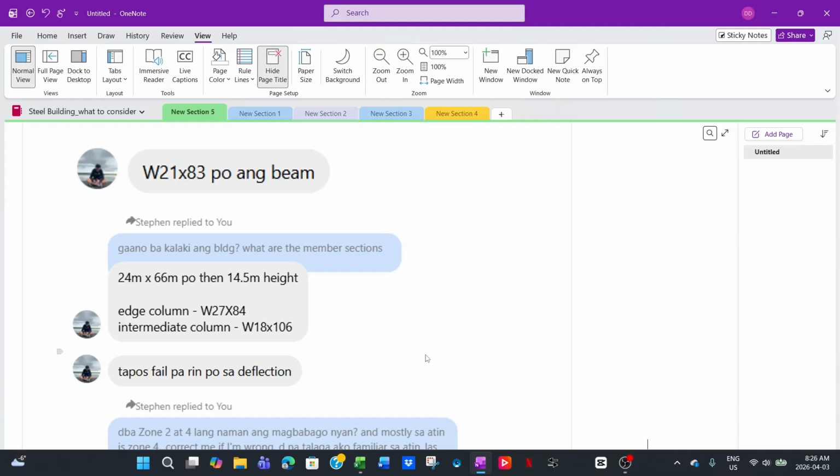So I'm not even sure why the edge columns are bigger or deeper than the intermediate columns. And then he said it still fails in deflection, so he meant story drift.